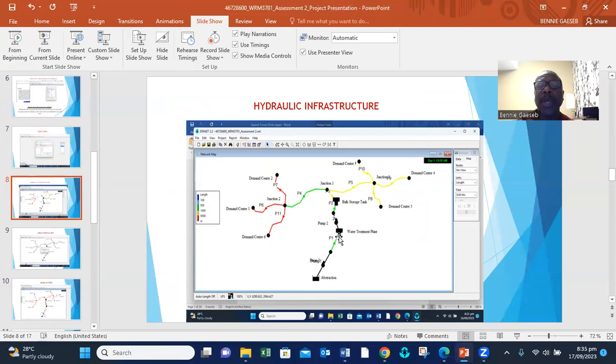Second pump will pump water from an outlet which is 5 meters below the water treatment plant into the storage tank. Since the storage tank is situated high on top of a hill, water will flow by gravity through up until it reaches the demand centers. So water will not be pumped from the storage tank.